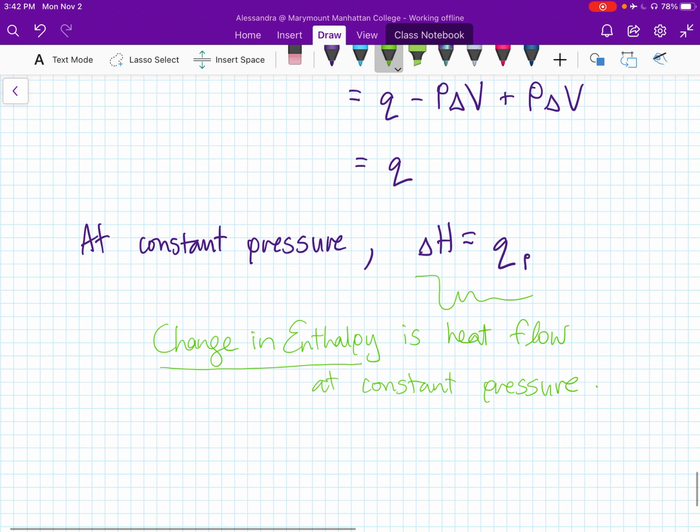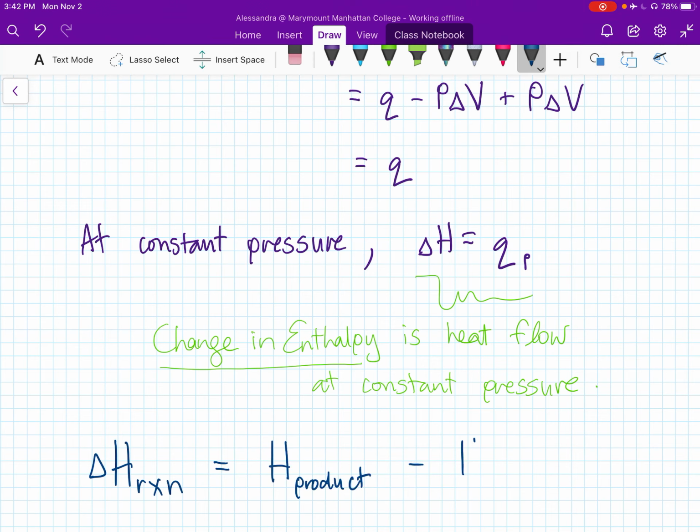And enthalpy is a state function. So that means that we're looking at delta H. And for a chemical reaction, the delta H of a reaction, we can take the final state, which is just the products, the enthalpy of the products, and subtract the enthalpy of the initial state, which is just the reactants. And that's how we can tell how heat is flowing in a chemical reaction.